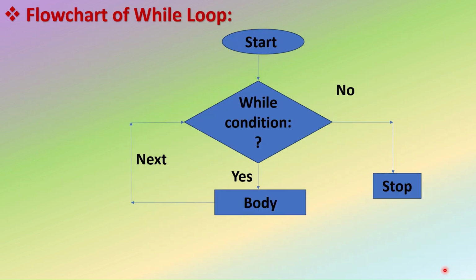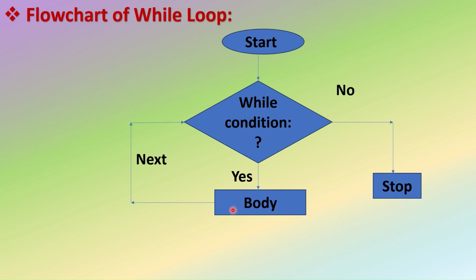Now let's see the flowchart of the while loop. Whenever the while loop starts, the first step is to check the condition, whatever condition we mention in that particular line. If the condition becomes true, only then does it enter the loop and execute the set of statements present in the body.